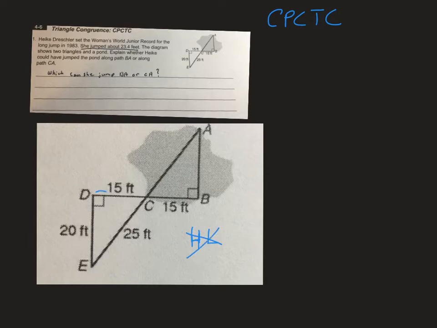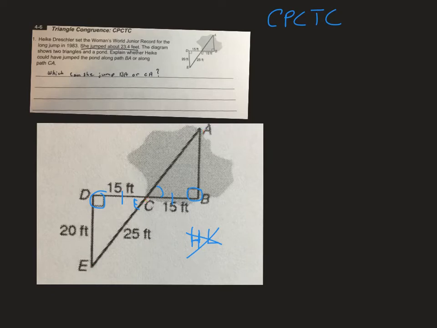We know that right angles are congruent. We can see that this side is 15 feet and 15 feet, so DC is congruent to BC. We can also see that this angle in the center where they're connected, which is often the case, is a vertical angle pair. So angle DCE and angle BCA are congruent because they're vertical angles.